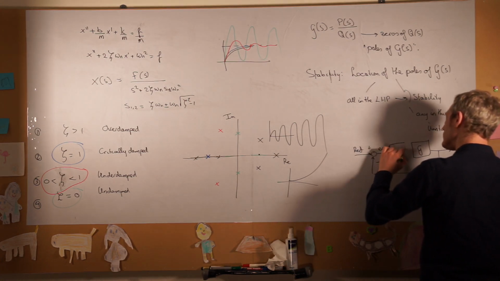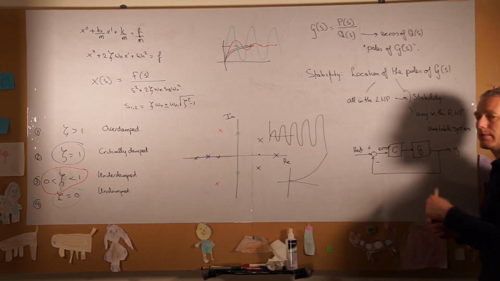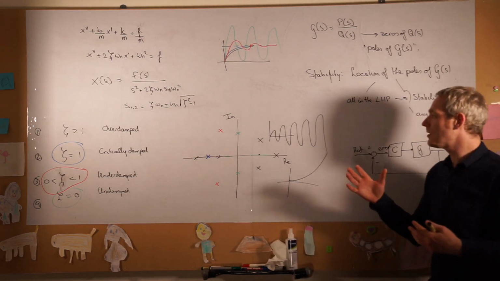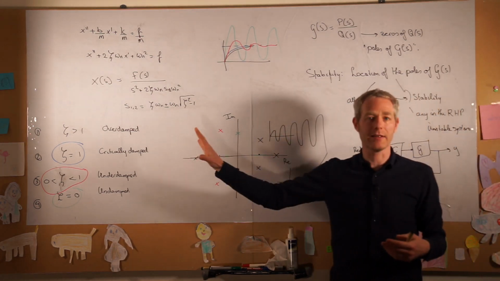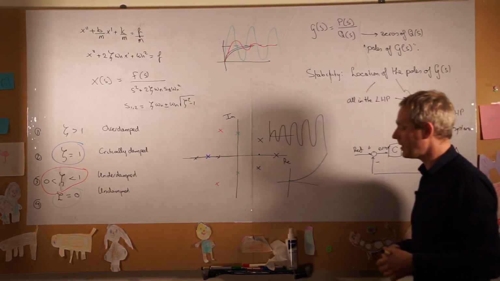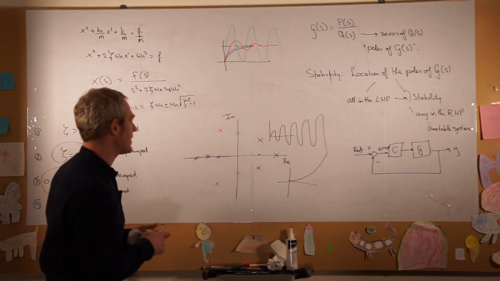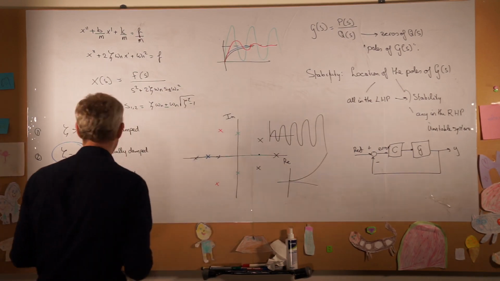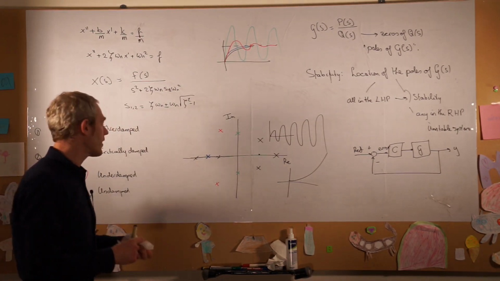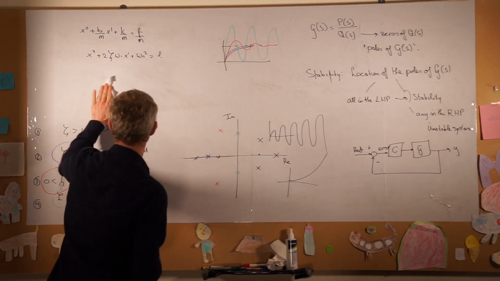That will go into some controller, and the controller together with the plant, the aim is to get our poles into the left half plane, so that we at least have a stable system. But it is not simply as easy as getting it into the left half plane, because we might have all kinds of other requirements. And I'd like to go into some of these now.